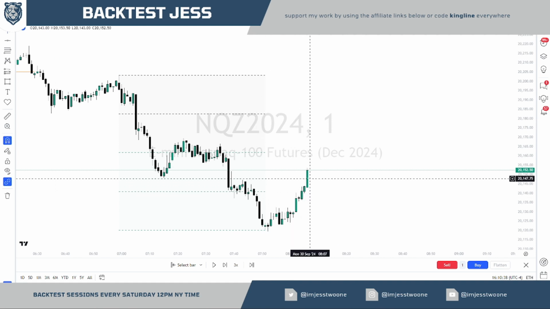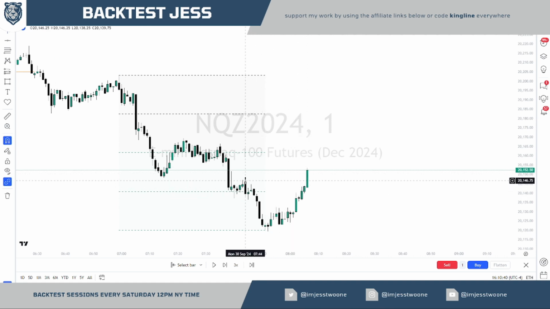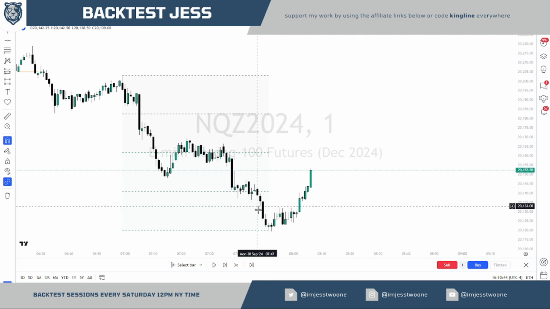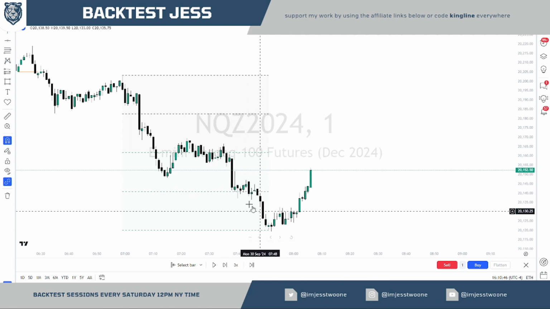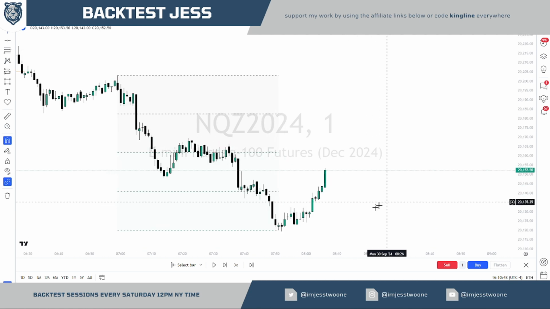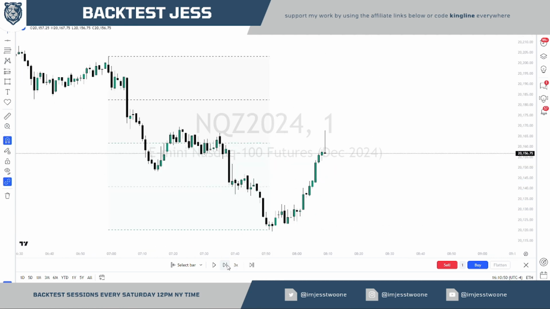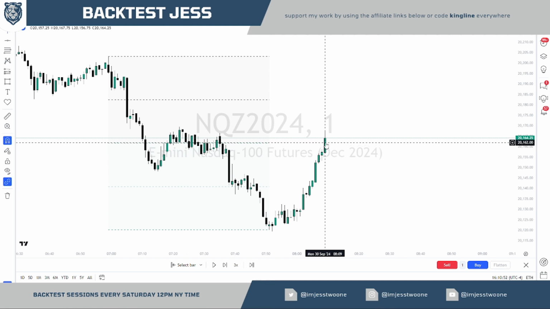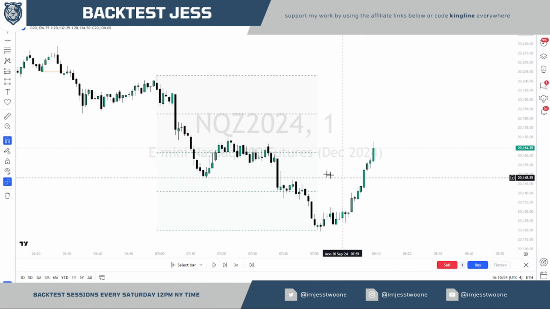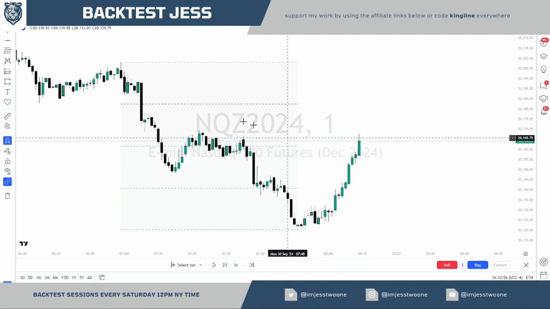So we get above that 25%, we shift structure. Now we're above that swing high and we're moving through all of this with speed. We want to see follow through. We do get EQ now. Still all speed so far.